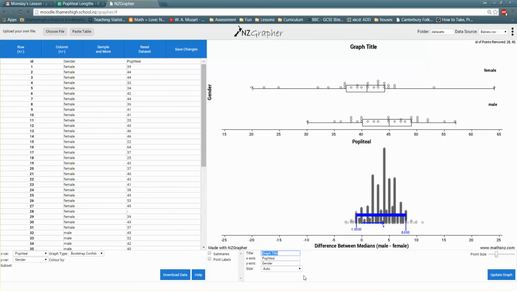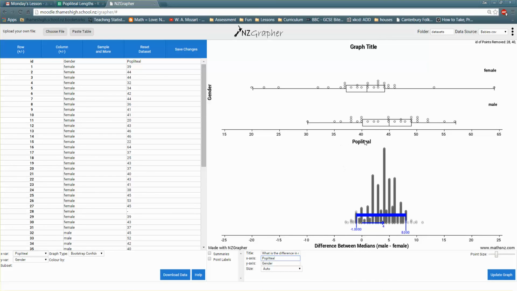First of all, we're going to give this a proper title. So we'll give it the title, which is our problem: What is the difference in median popliteal length between males and females at Kāri College?